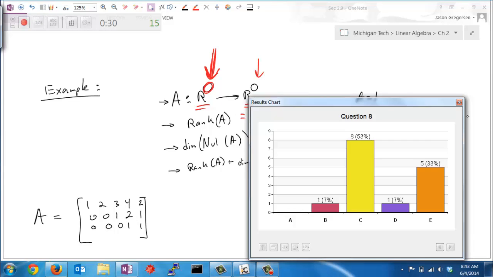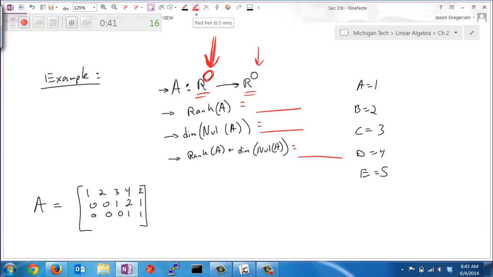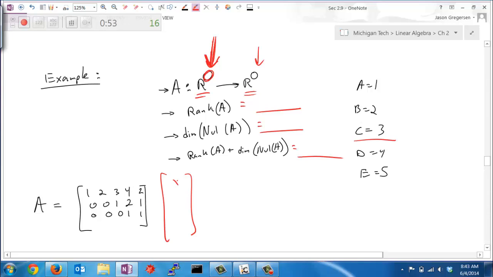Pretty mixed here between C and E. All right, those are the two we should be mixed with. The question, when you struggle on this one, is if you were to grab a vector, take some vector and write it here, and ask yourself how big does it have to be for me actually to do the multiplication. If this was 3, that means I would have x1, x2, x3.